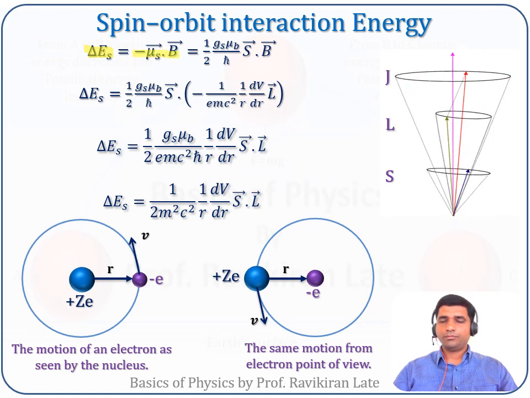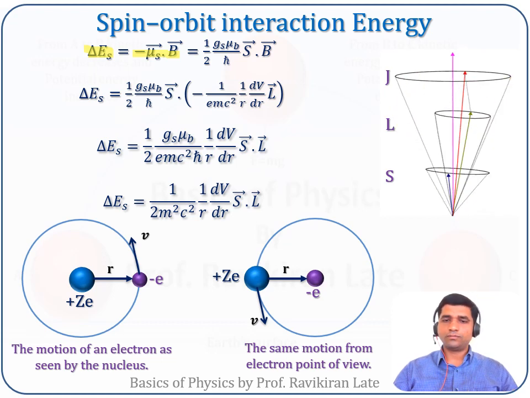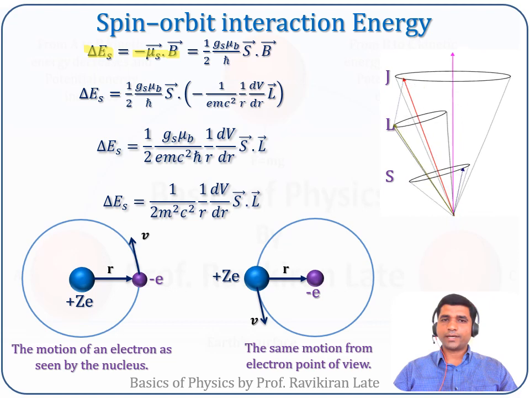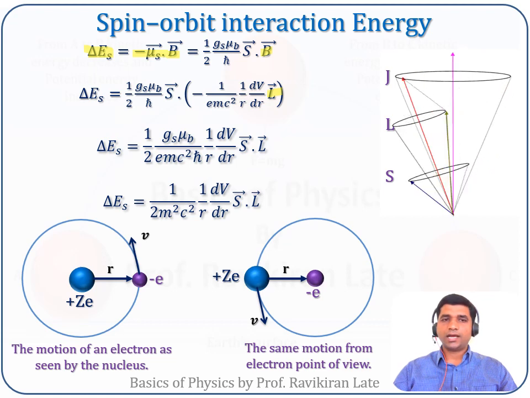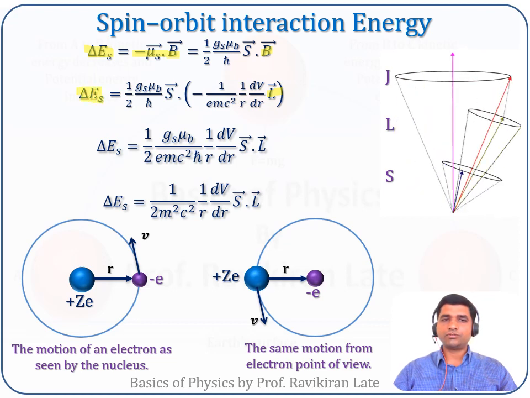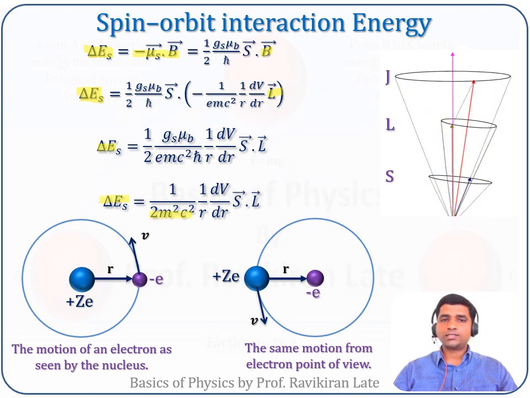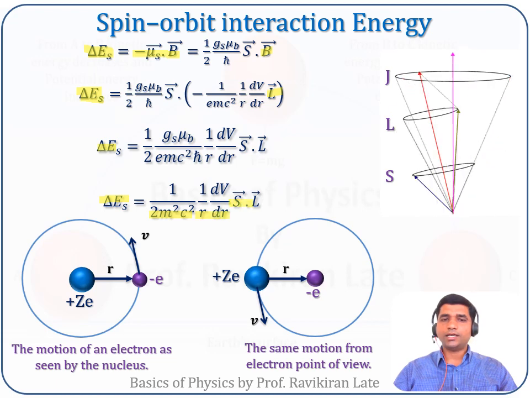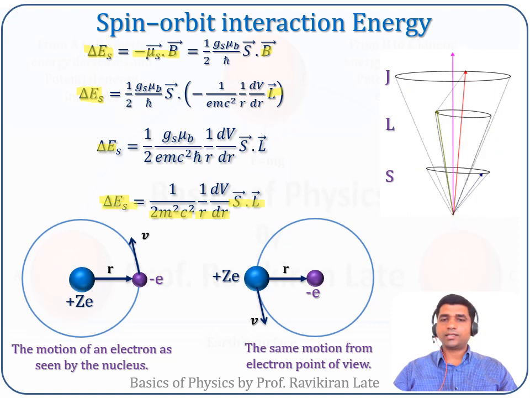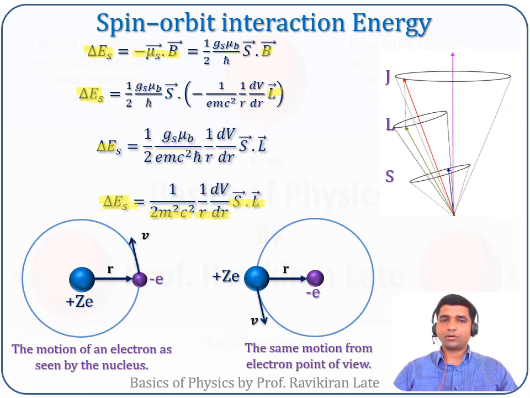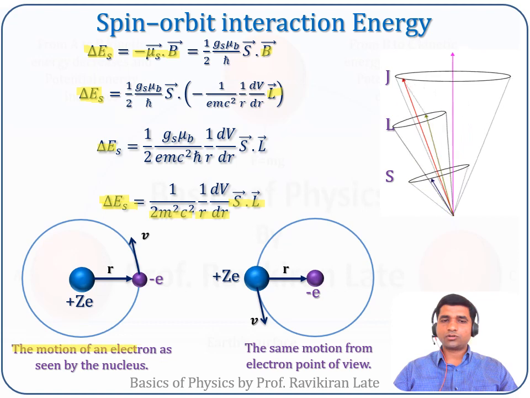That is nothing but minus mu s dot B, and from Ampere's law and Coulomb's law, and by basic electromagnetic theory, we have expressed this B in terms of L. Yesterday we had seen this, and if we substitute this value in this equation, we can calculate delta E_S is equal to 1 upon 2 m square c square, 1 upon r dV by dr, into S dot L. Now this delta E_S, that is the spin orbit interaction energy, which we have calculated from the electron's frame of reference.